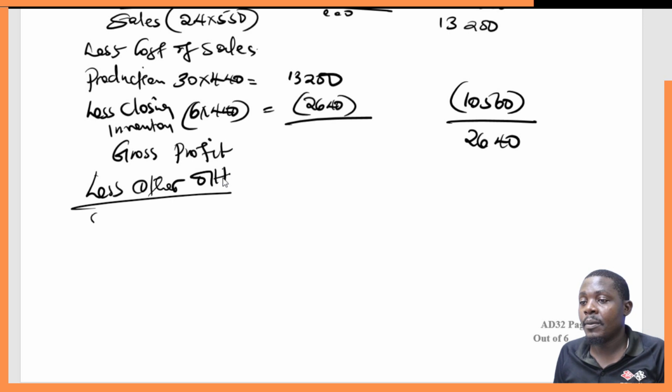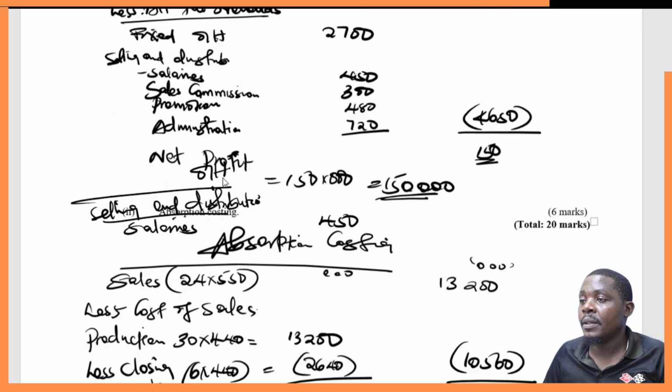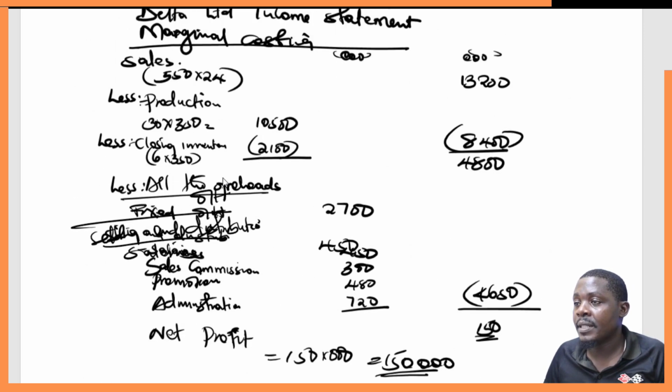We start with, we are told, the selling and distribution. The first on the list was salaries, which was 450. What else do we have on the list?